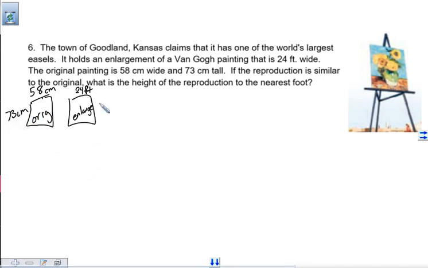We want to figure out how tall our enlargement is. Okay, so that means we'd have 58 over 24 equals 73 over x. And we cross multiply. 58 times x equals 24 times 73.